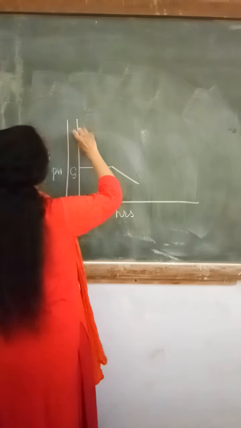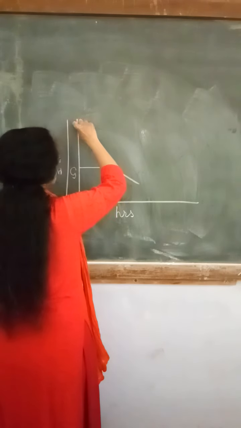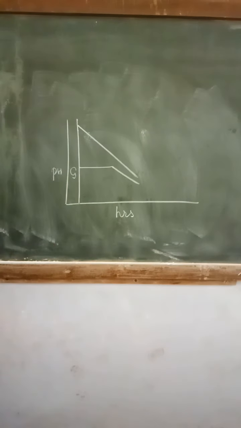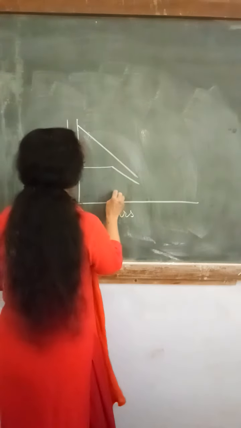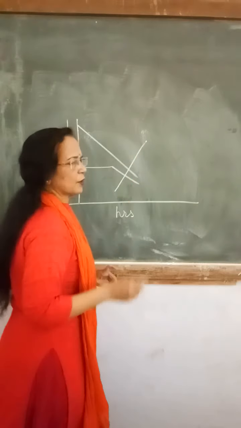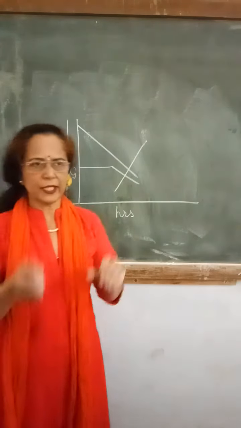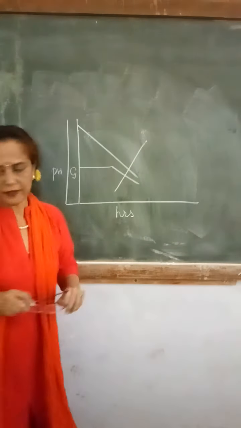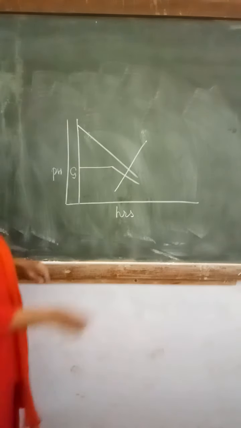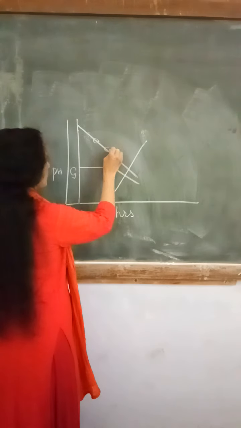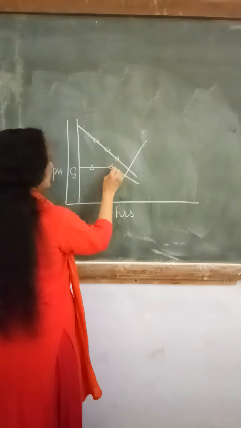Gram% total sugar will fall down, because as fermentation progresses, the amount of total sugar decreases, and the amount of sugar consumed will increase with time. So this is the way we get the results. Your points will be somewhere here, and they will be different points.